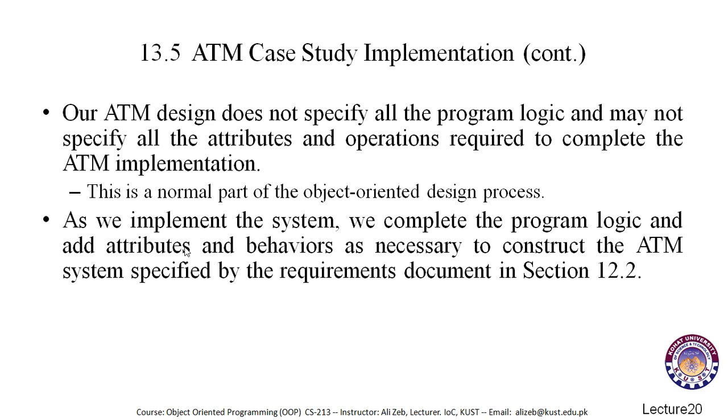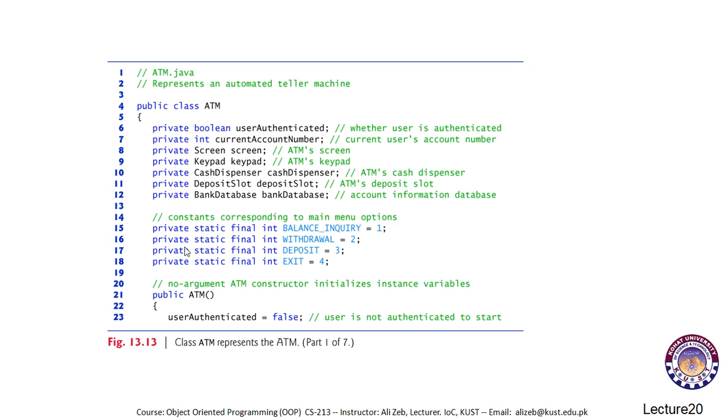As we implement the system, we complete the program logic and add attributes and behaviors as necessary to construct the ATM system specified by the requirements document in section 12.2 in the previous part of this lecture. So looking at our requirements document and our design, we can declare our class ATM.